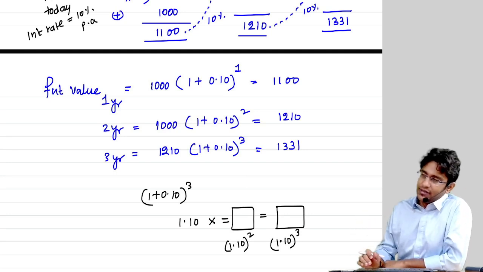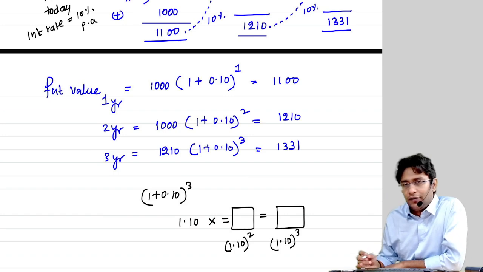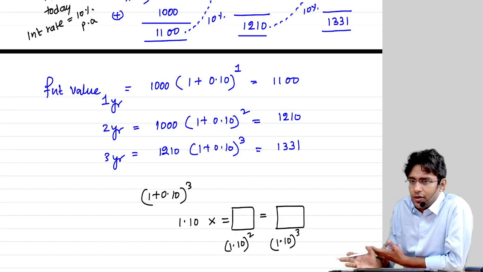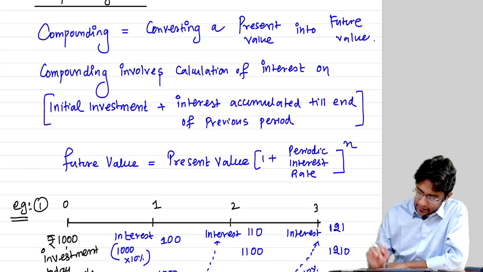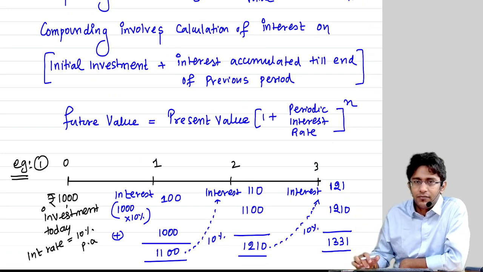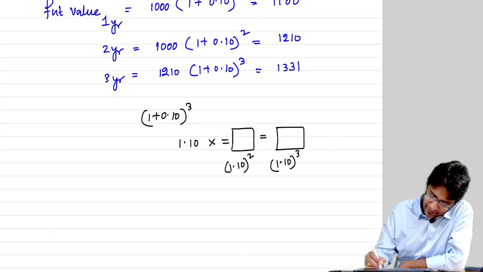Now, similarly, if I ask you future value at the end of 10th year, what will change? Whole power 10 will come. That's all. Clear? Now, you tell me, sir. I wrote this formula, but I did not tell you what is n. What is n?